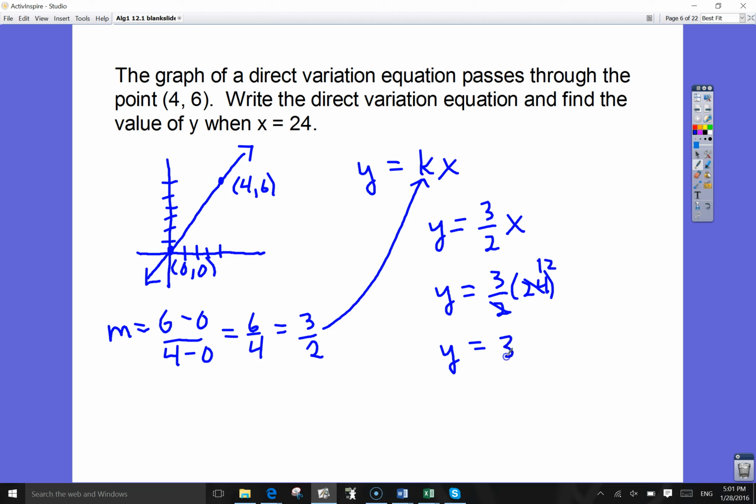So this is 36. So remember, if they give you 1 point, but they tell you it's a direct variation, then you actually know 2 points. And you don't need to find both m and the b. The b is 0, just find the slope.